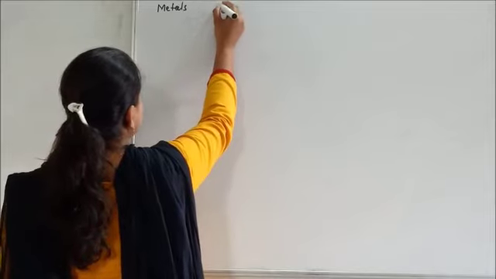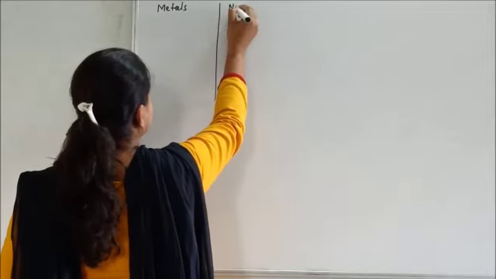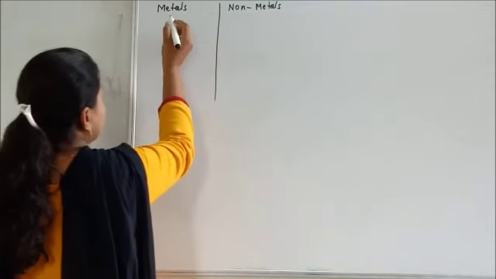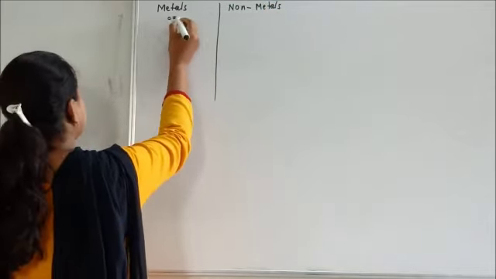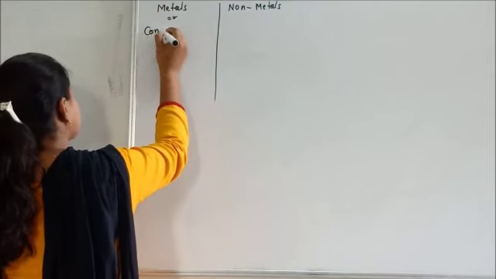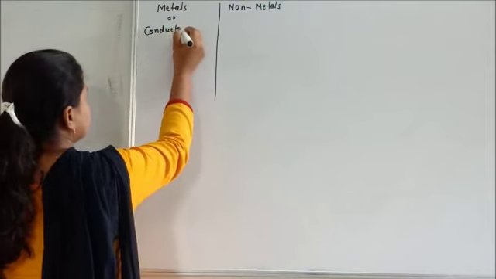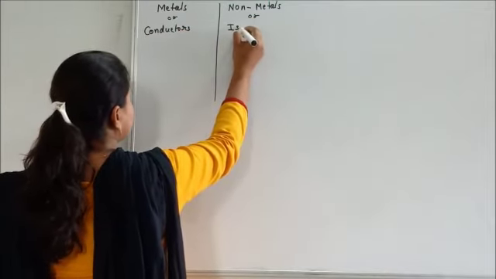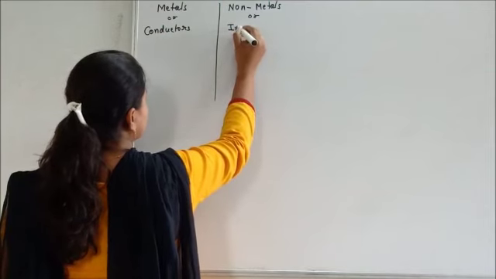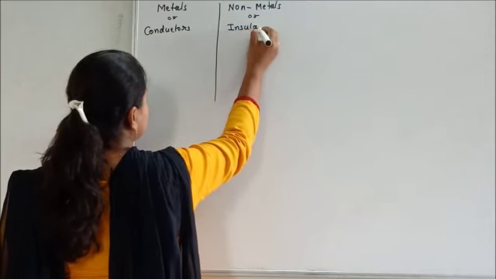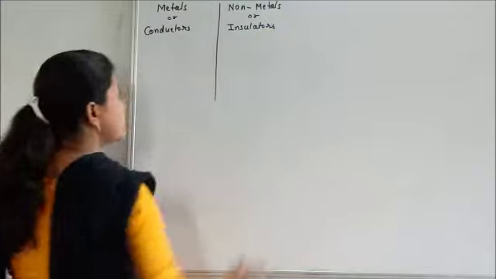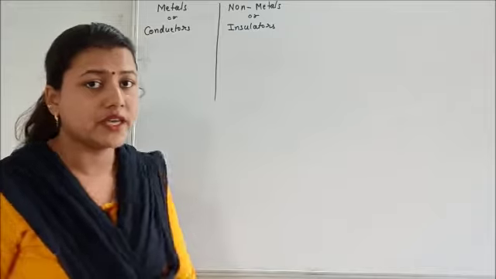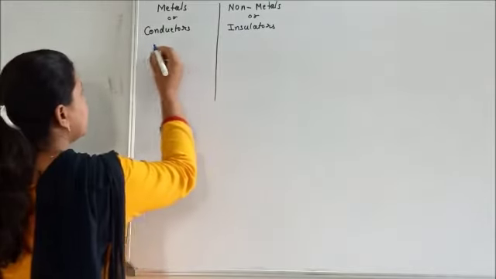Metals, or we can say them, they are the conductors. And non-metals, or we can say them, insulators. Metals have free electrons, whereas non-metals do not have free electrons.